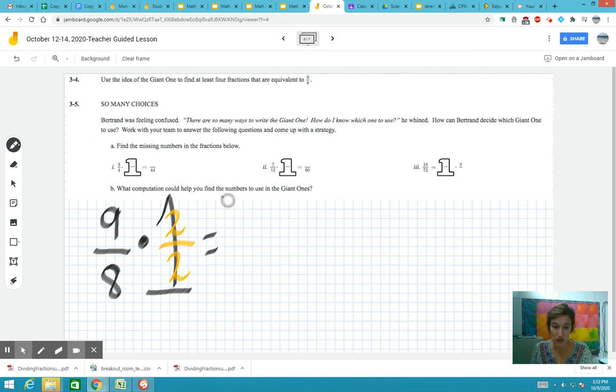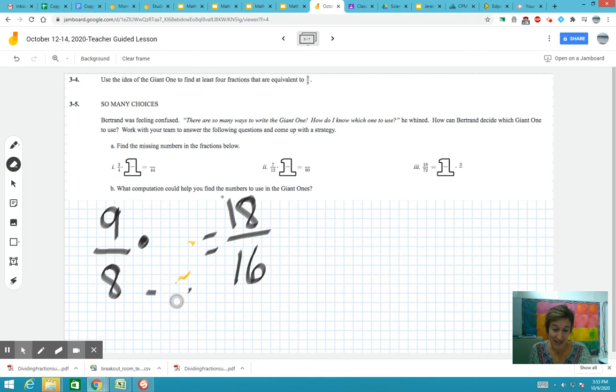So 9 times 2 gives us a numerator of 18, and 8 times 2 gives us a denominator of 16. So what you could say is that 9/8 is equal to 18/16, just like with that idea of the multiplicative identity. We've multiplied it by a 1, albeit 2 2s, so 9/8 is equal to 18/16.